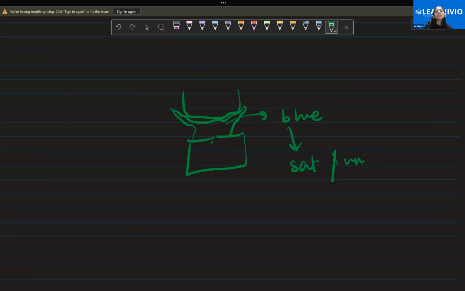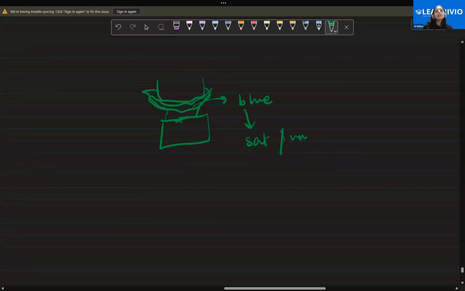Remember, LPG is saturated, because it's natural gas. But why are we getting the smoke, the black layer, soot around the utensil?